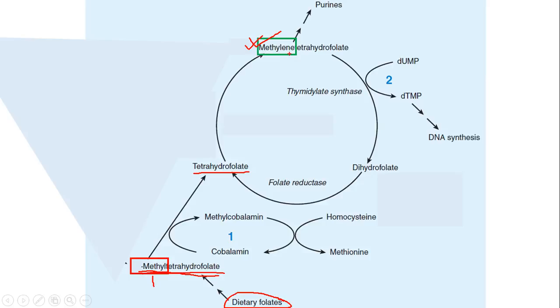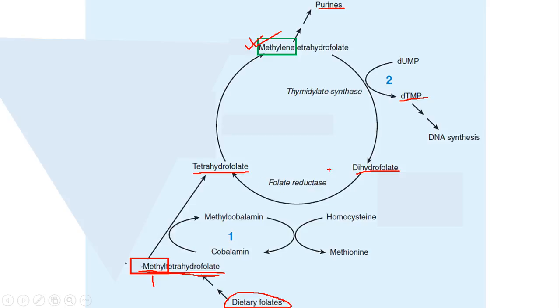So this methylene is then provided to either purines or pyrimidines, and thus DNA synthesis takes place. The methylene, the single carbon, is easily transported to the purine and pyrimidine. While doing so, methylene tetrahydrofolate converts into dihydrofolate, and this dihydrofolate can be reconverted into tetrahydrofolate by dihydrofolate reductase, also known as folate reductase.